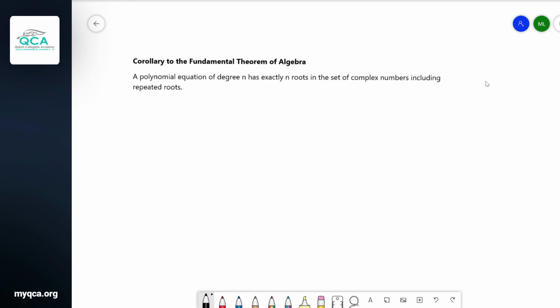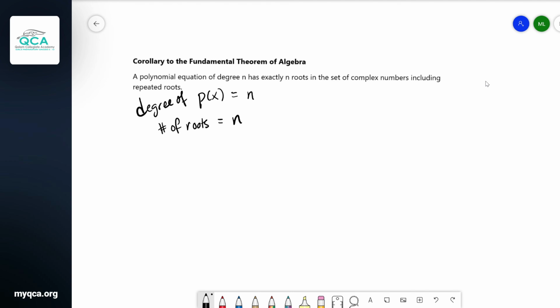So if I have a polynomial p of x, whatever degree this p of x takes on, we talked about it in class earlier. We'll call the degree of p of x n. Then the number of roots that you have is also equal to n.